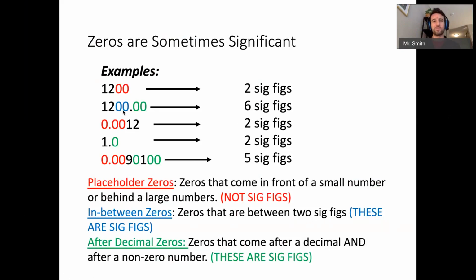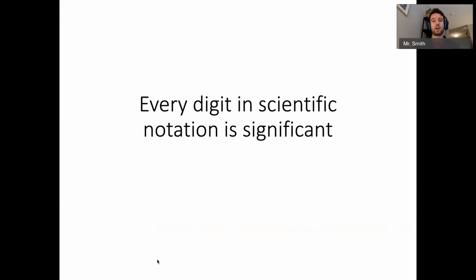I understand. Zeros are tough, but once you get used to them, you'll feel better. Between a decimal and then there has to be a number, and then you can have a zero. So yeah, hopefully that helps.